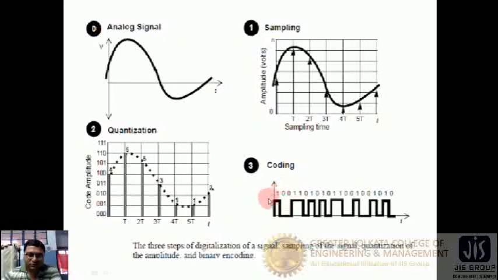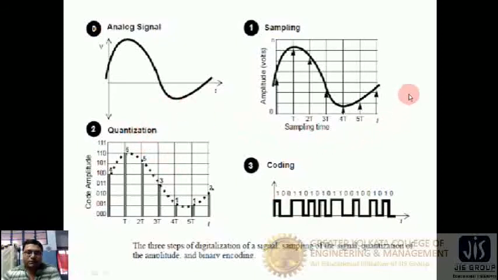You can see this first sample code is transmitted, and the second sample code is 110, and the third is 101. You can see the whole quantized signal is converted into certain codes, and these codes are transmitted over the transmission line or the channel, we can say, from the source to the destination.